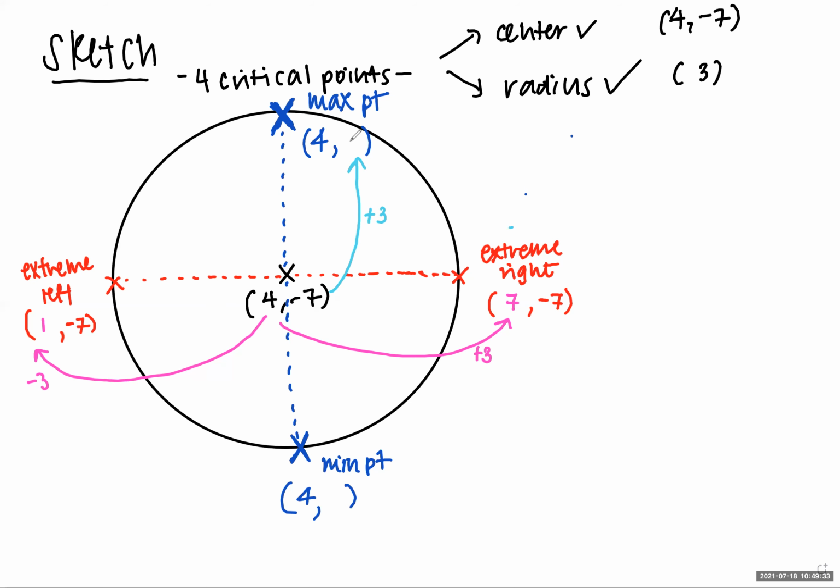What do we get now? -4. Then what about here? Drawing pointing to here, -3. So what would be the y value then? Yes, and with that, you guys have kind of mastered almost everything for circles. The end.